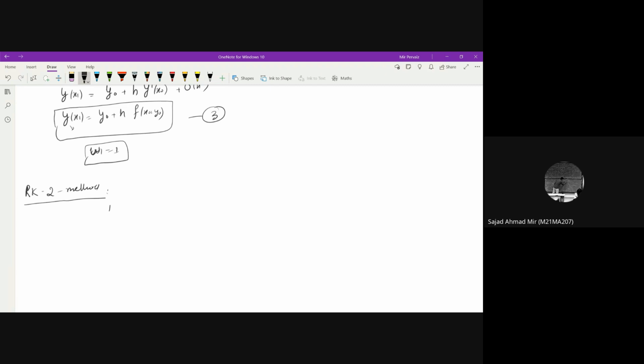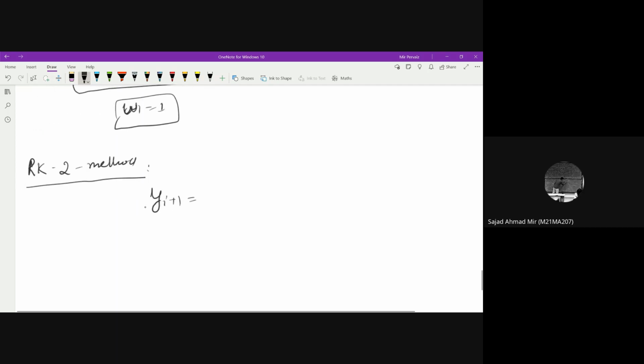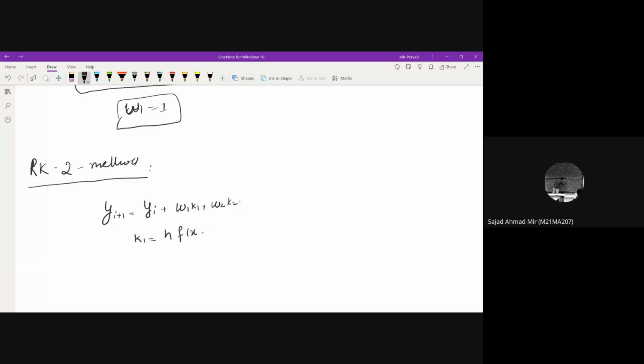So your general solution at the (i plus 1)th point will be using the previous information, plus now you are considering two terms, w1 k1 plus w2 k2, and your k1 is h times f of (x_i, y_i).